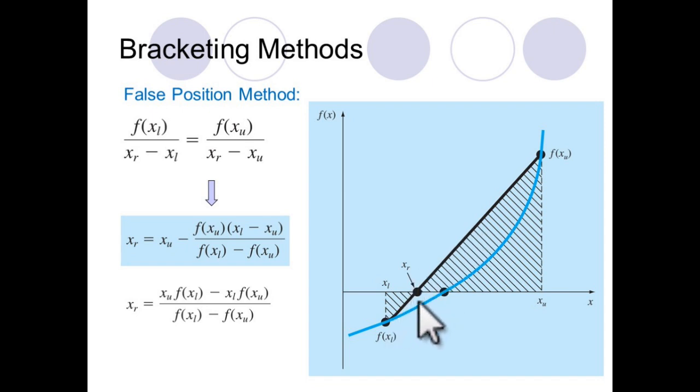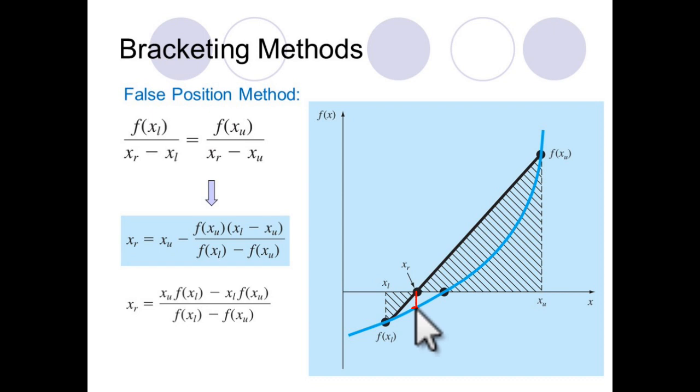The straight line is a linear approximation of the function within the interval, and it is highly probable that the value at XR is not 0. So this is our point.